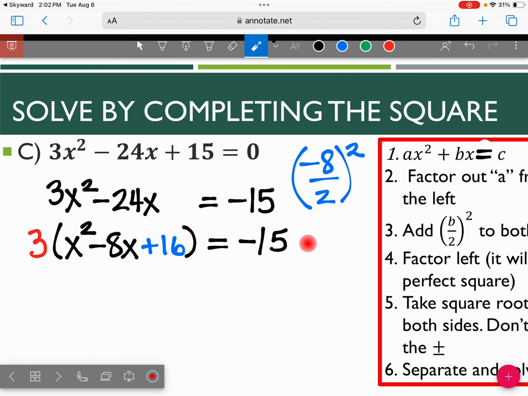So on this side, I'm not adding 16. Remember, to keep an equation balanced, whatever I add on one side, I have to add the same thing on the other side. So in order to keep my equation balanced, I need to add 16 times 3 on the other side. So I'm really adding 3 times 16.